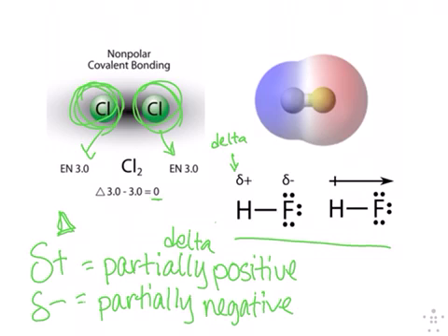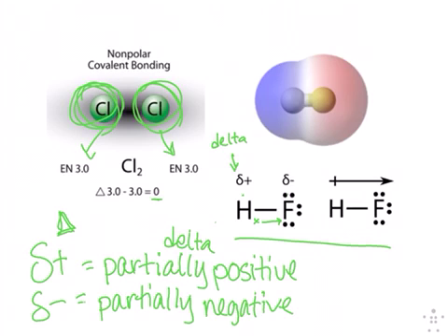All right, so backing up now, this one valence electron from hydrogen is going to be more pulled towards this fluorine atom because fluorine has a higher electronegativity than hydrogen does. This fluorine has the pull. It is stronger in this tug of war between hydrogen and fluorine for the electrons.